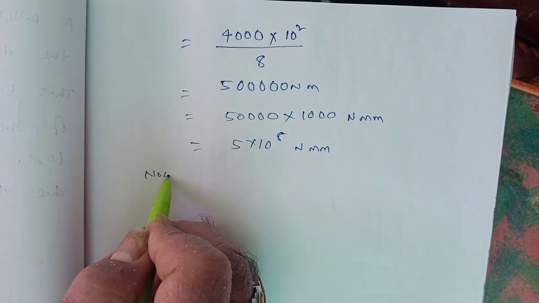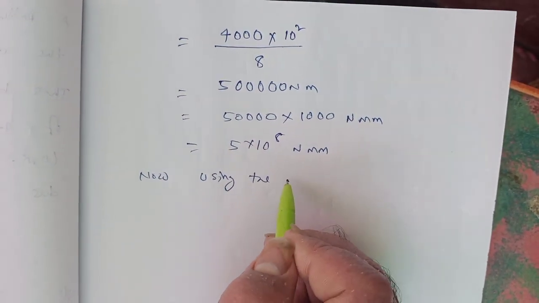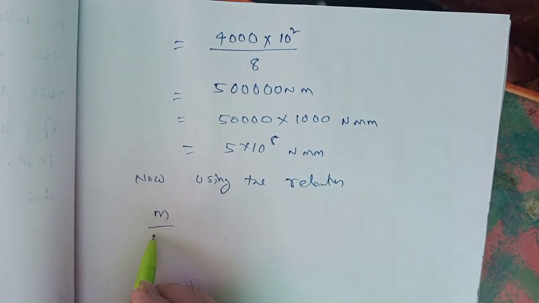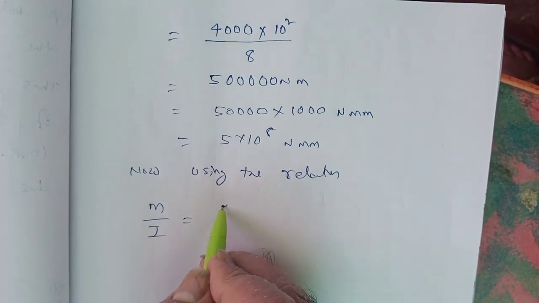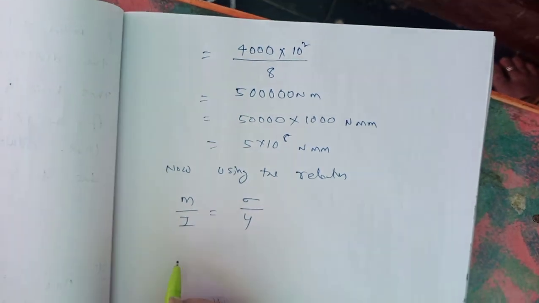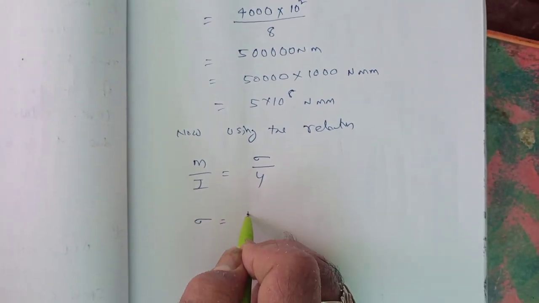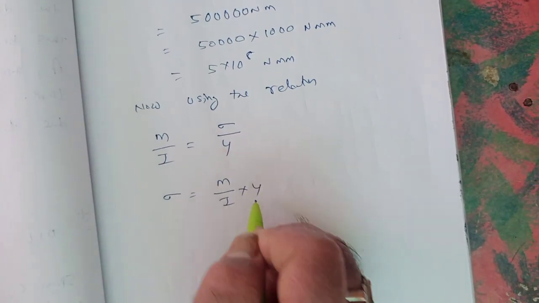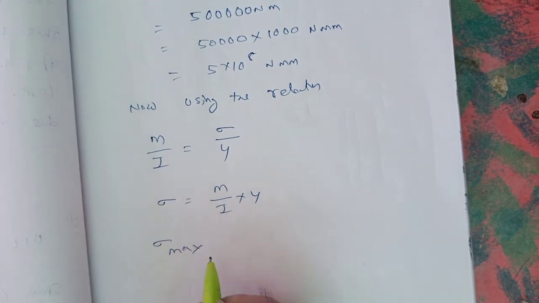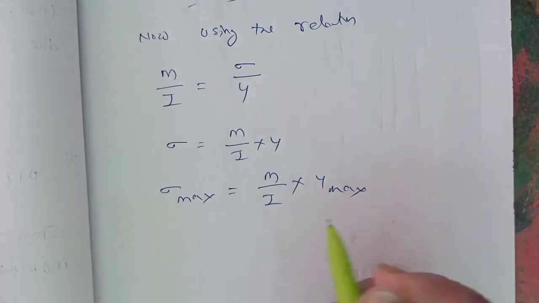Okay, so now using the relation, we know one relation, that is M by I is equal to sigma by y, in which sigma equals M by I into y, and we need the maximum value. So sigma maximum equals M by I into y max.